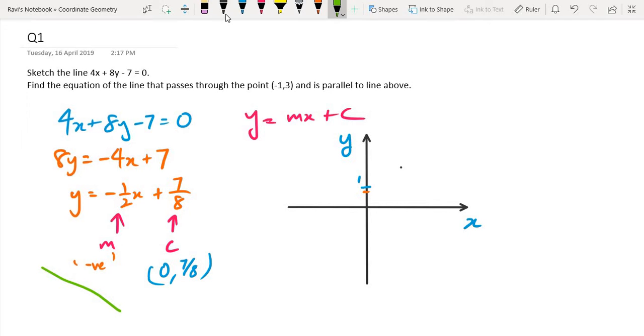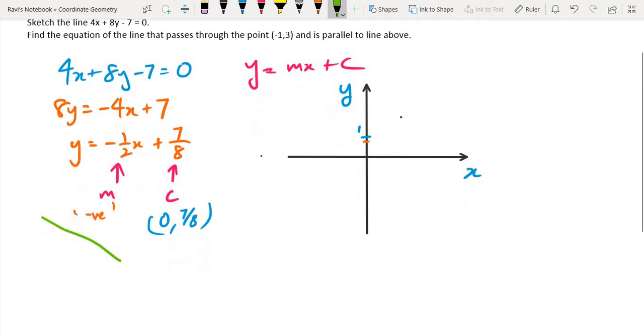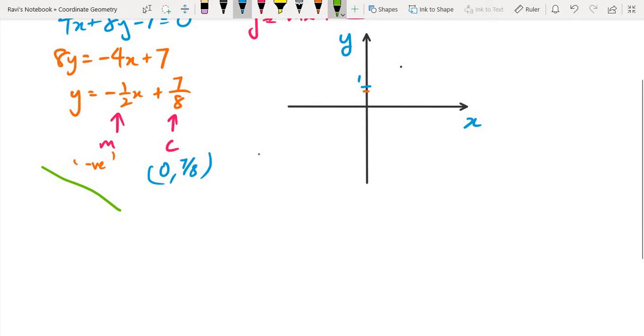When it touches the x-axis, we know that at that point y is 0. So what I need to do is let y be equal to 0. This tells me where it touches the x-axis.